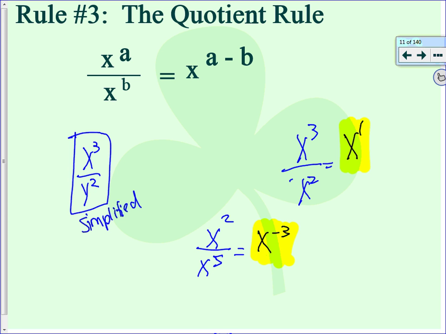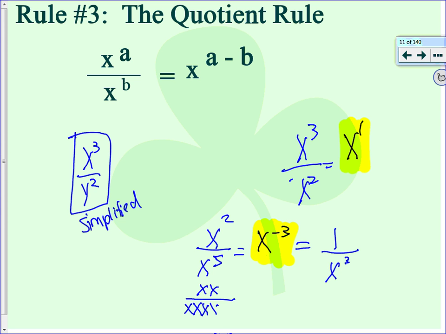X to the negative 3rd power is actually the same as 1 over x cubed. And the reasoning for that is if we expanded, x squared is xx, x to the 5th is 5 of them.